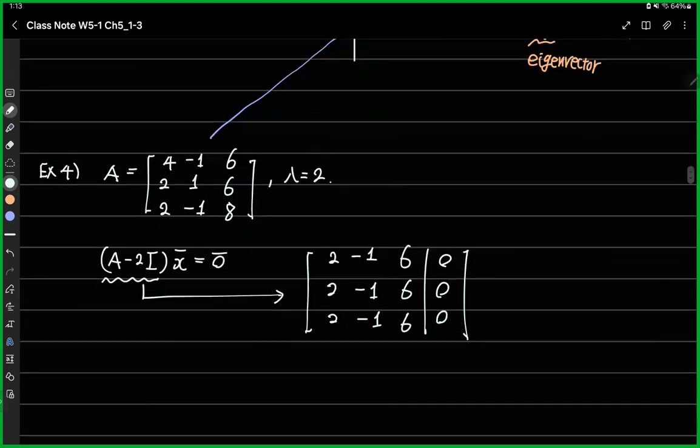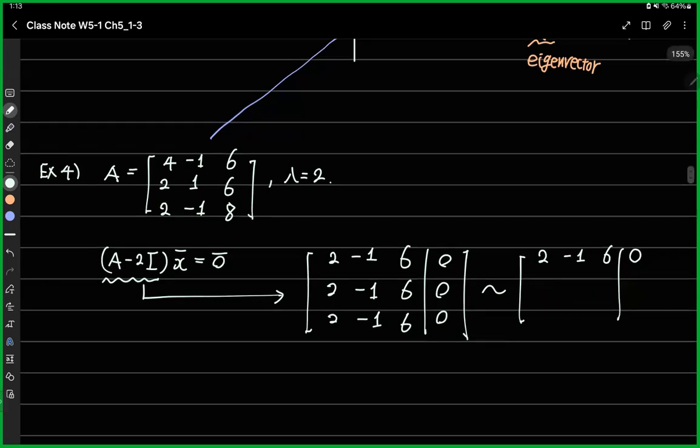Since the three rows are identical, we're just going to get the first non-zero row, and the other rows will be 0, because I just use the replacement elementary operations. It's easy to get this, right?